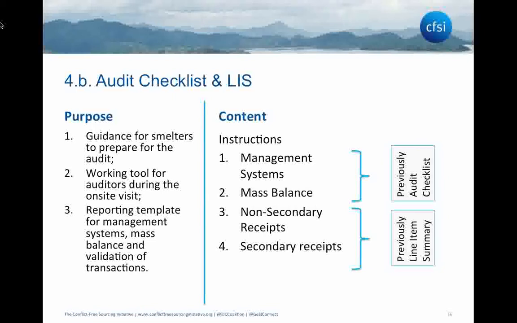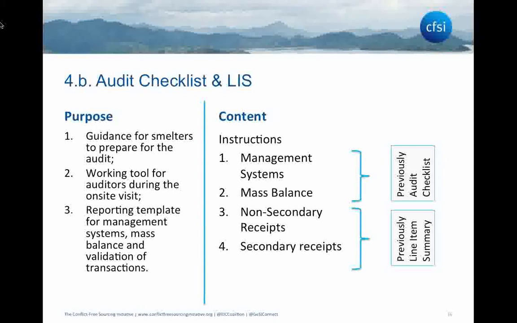The document is based in Excel format and organized in 5 tabs. There is an instructions tab that does not contain any cells which need to be completed. It then has a management systems and a mass balance tab. And those 2 tabs are the previous audit checklist in a very summarized and very much concise form.